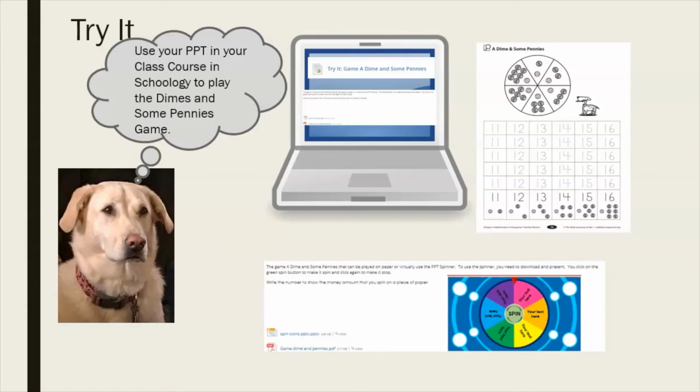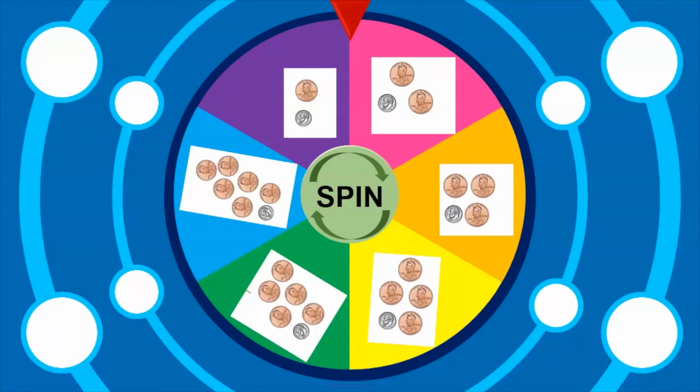And then you're going to use the spinner to spin the amount of money. Then you're going to write how much money you have down on a piece of paper. So let's try that. All right, let's go ahead and give the spinner a try. To use the spinner, you're going to click the center button that says spin. Once it starts spinning, to stop the spinner, you click the button again. So let's give it a try.